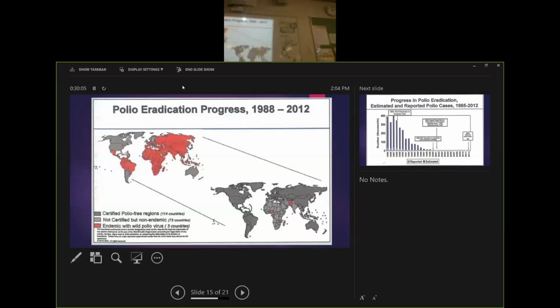This map is even about 8 years old now, so it would be even less than this. The majority of the world is now polio free: Australia, America, and the majority of Europe and Asia. There are some areas of Africa that still had polio, which is being eradicated now. You can see just how much of a difference vaccination made over 30 years.